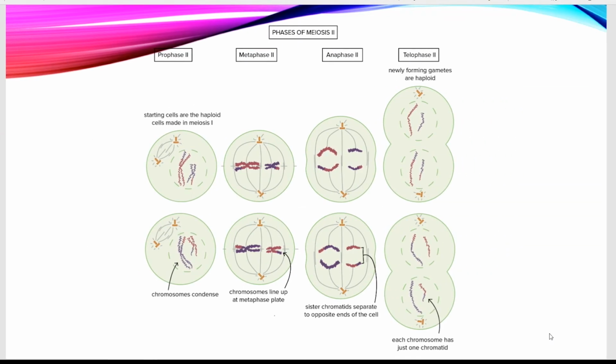And then again, this is the rest of the diagram that has the prophase, metaphase, anaphase, and telophase 2. Same thing, it recondenses here, lines up, pulls itself apart, and then we've got the different cells. You can see in this diagram that each one is genetically slightly different, with a slightly different combination of pink and purple colors, which represent where they came from originally.